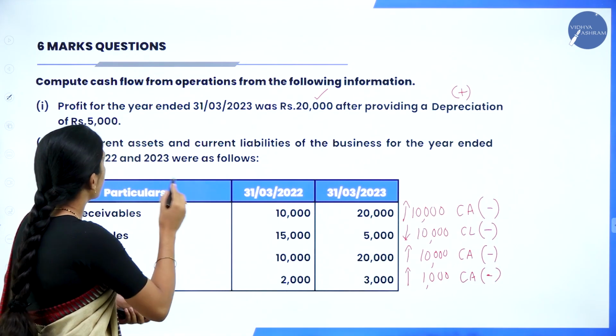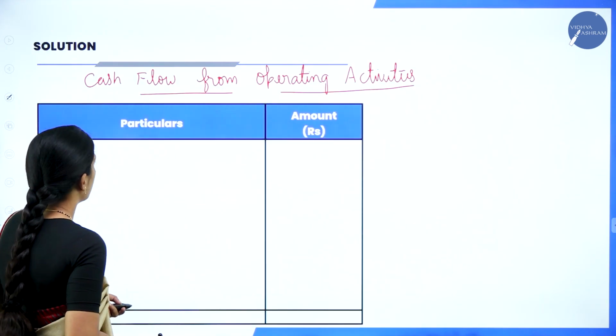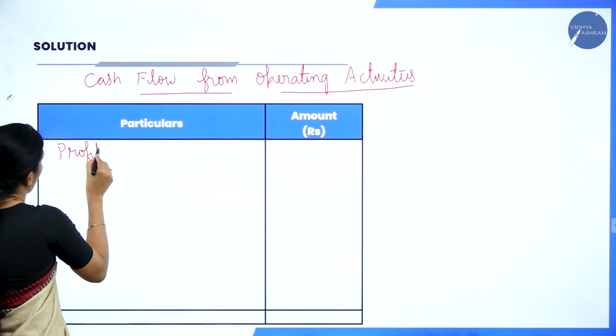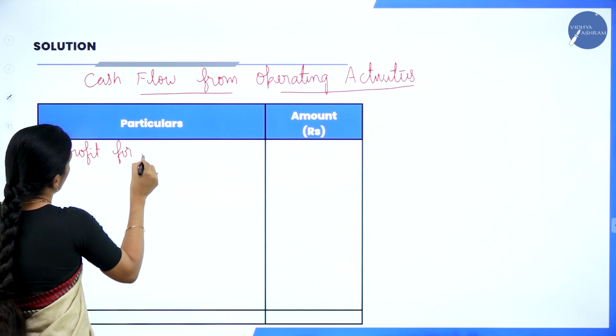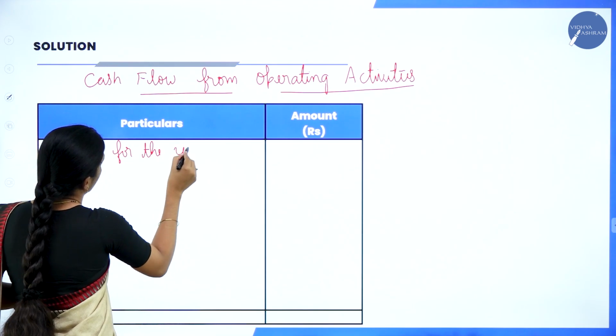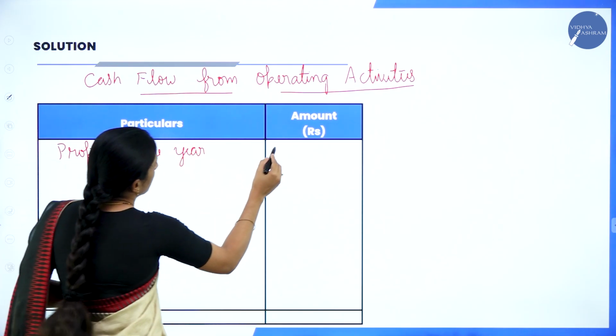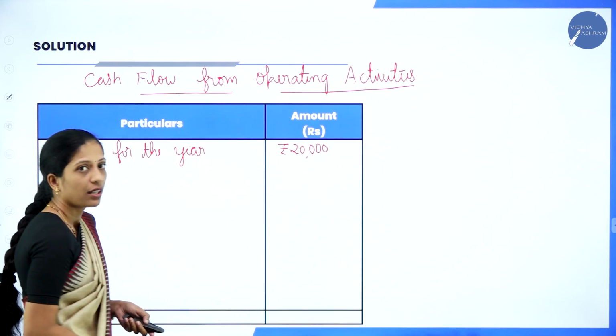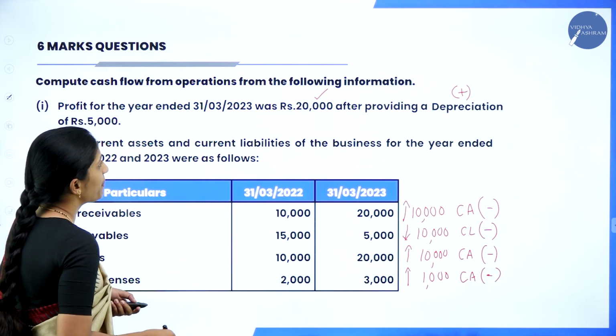Now, let's take the profit for the year, that is rupees 20,000. Profit for the year, rupees 20,000. Next we have depreciation.